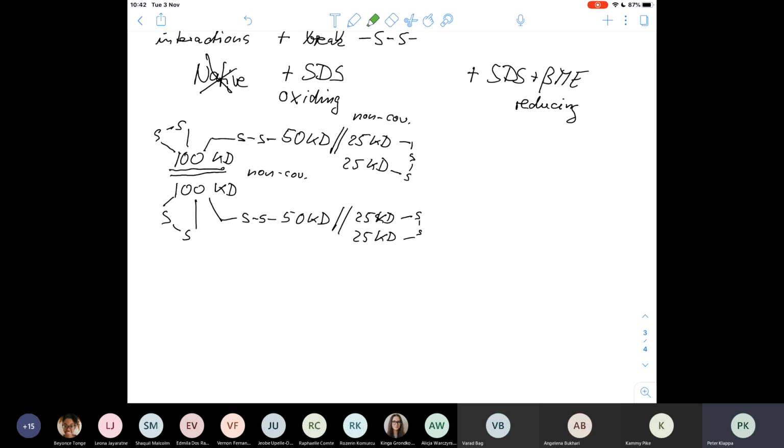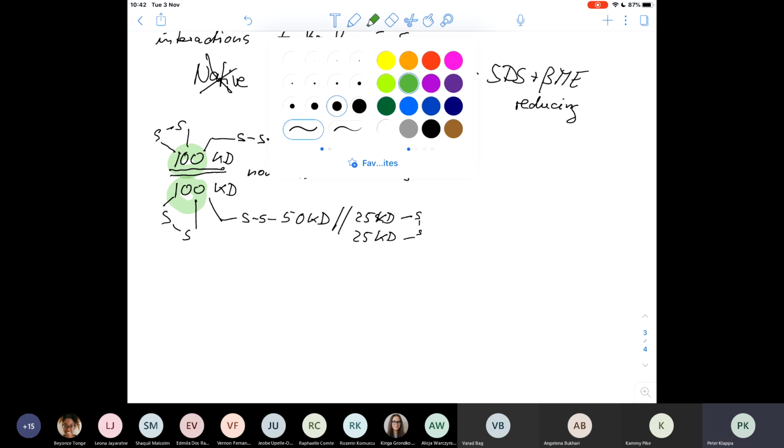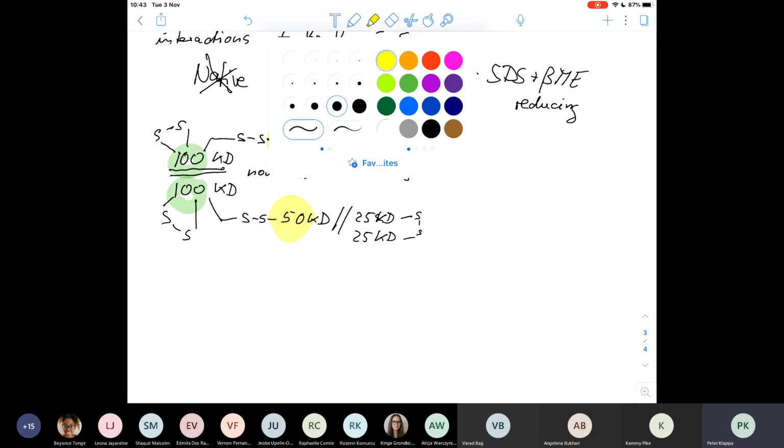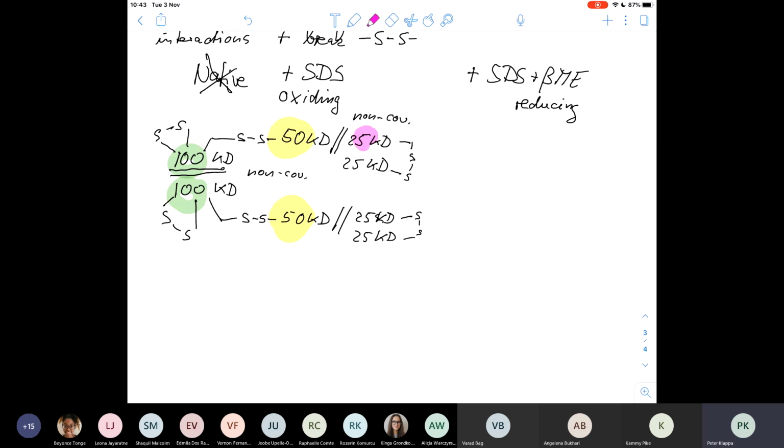So let's do a little bit of color coding. The 100 are here. We have a yellow, which we probably won't see. That's the 50 and 50. And let's do a pink one, which looks like that.